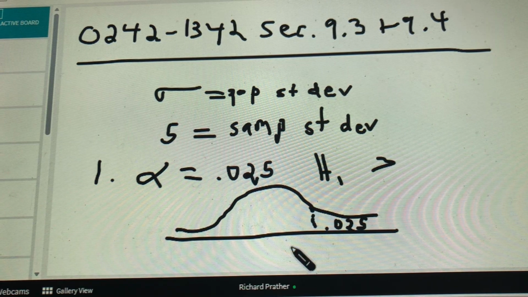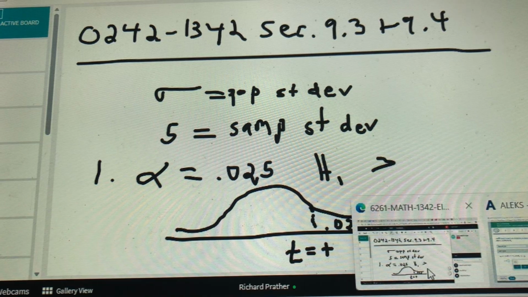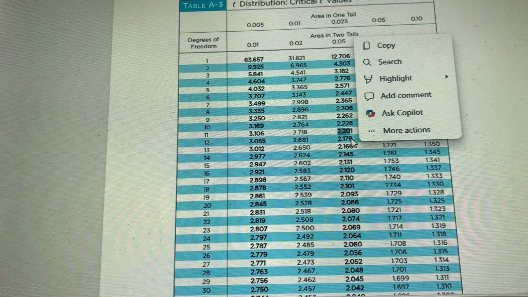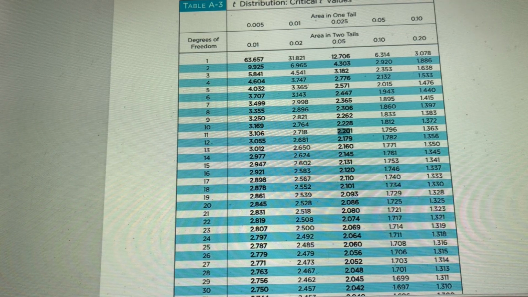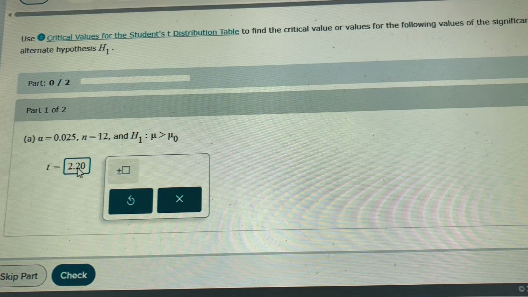This is definitely going to be a positive t critical value, with 0.025 in one tail. So go to page 7 of the formula sheet and look for area in one tail, 0.025 in one tail. It's this middle column. Since the sample size was 12, I have to go to 11 degrees of freedom: 2.201. And it's just positive automatically.